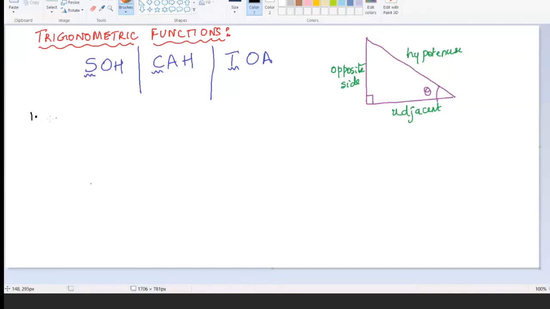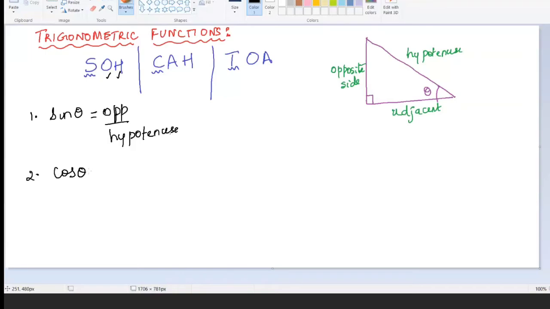First we will write S. S is sine. So sine theta is equal to, what is it here? Opposite by hypotenuse, OH. So you can remember your own style. This is the opposite side by hypotenuse. Second one, cos theta.